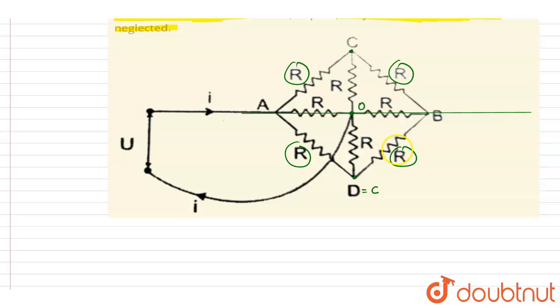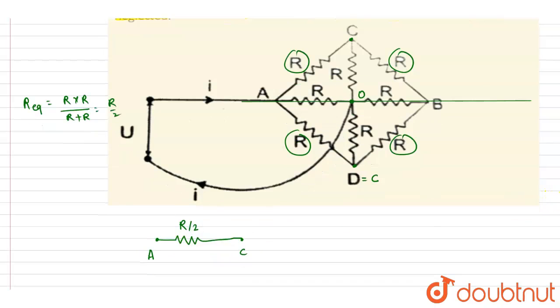If two resistances are connected in parallel, the R equivalent will be R1 R2 by R1 plus R2, so it will be R by 2, and the same goes for between A and C. So let me draw the diagram. If I say this point as A and this point as C, between A and C there is a resistance of R by 2.